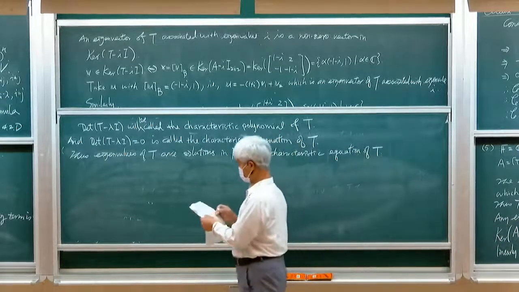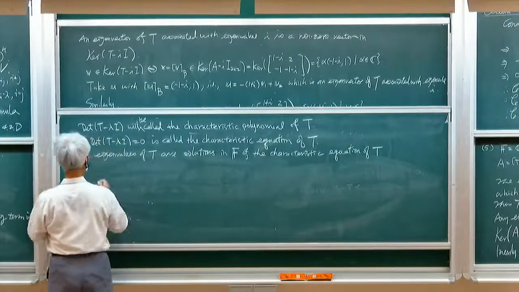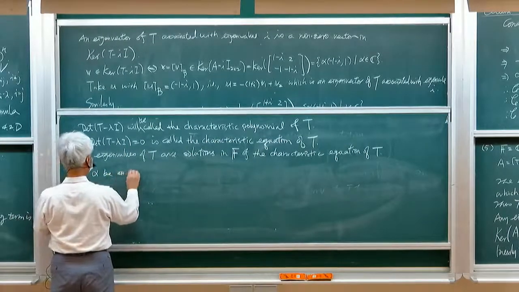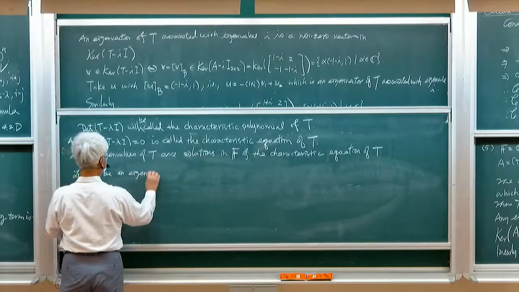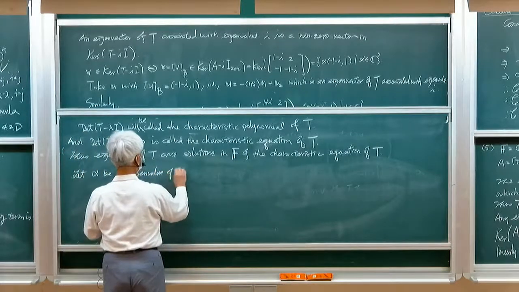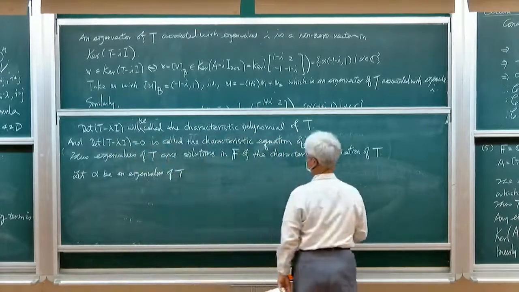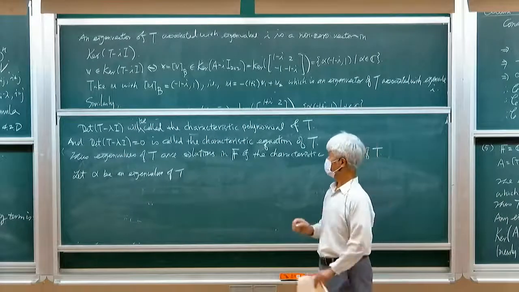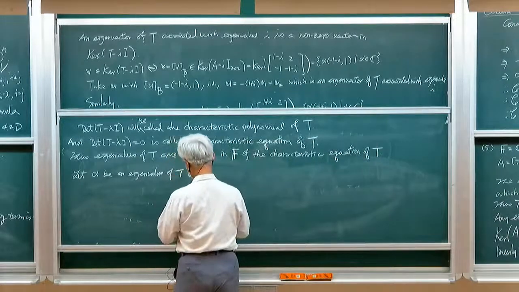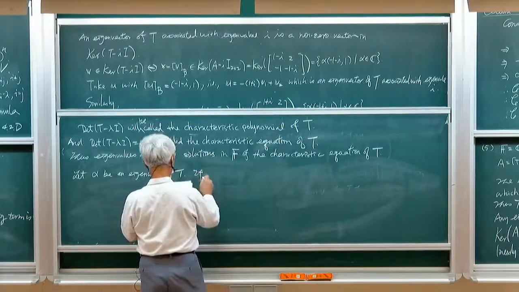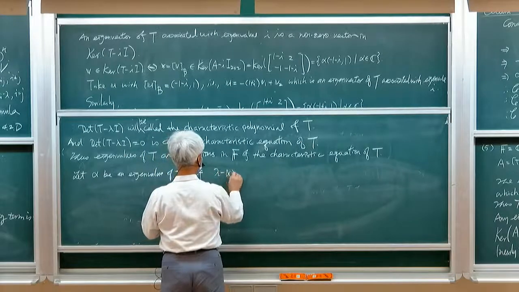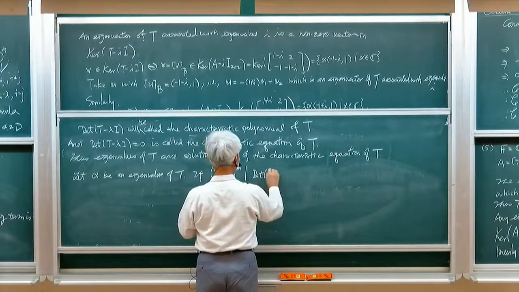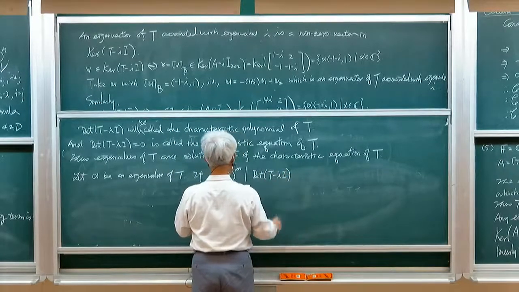All right. Now, let alpha be an eigenvalue of T. So we know alpha is just a solution of the characteristic equation, right? Suppose that (lambda minus alpha) raised to the mth power divides the characteristic polynomial.